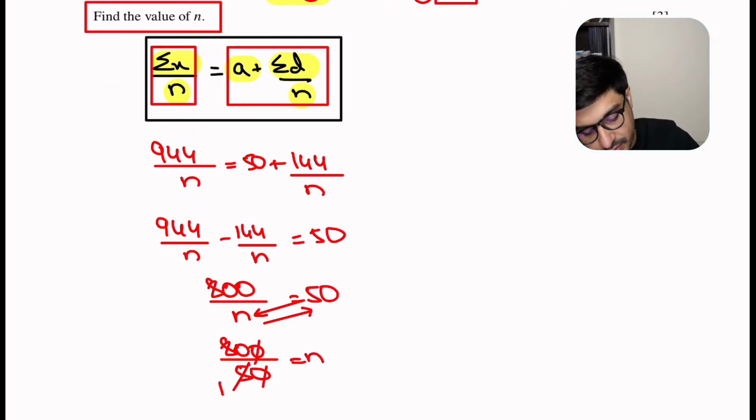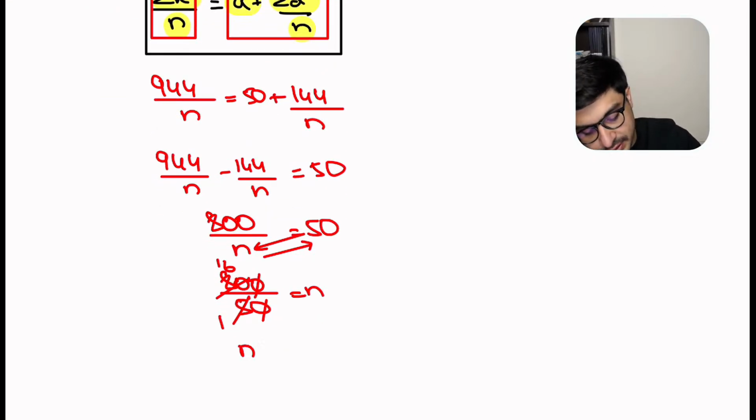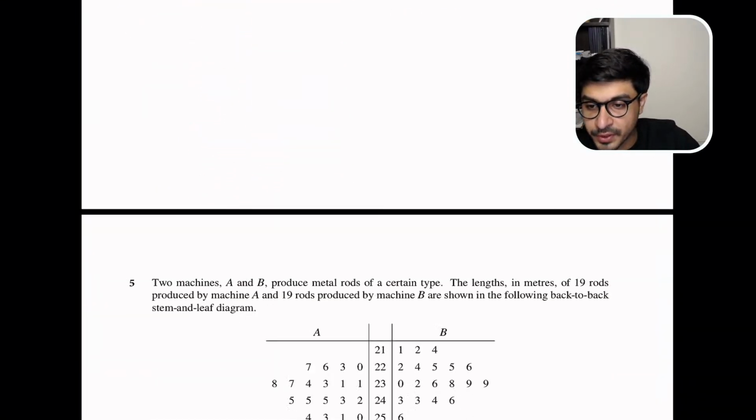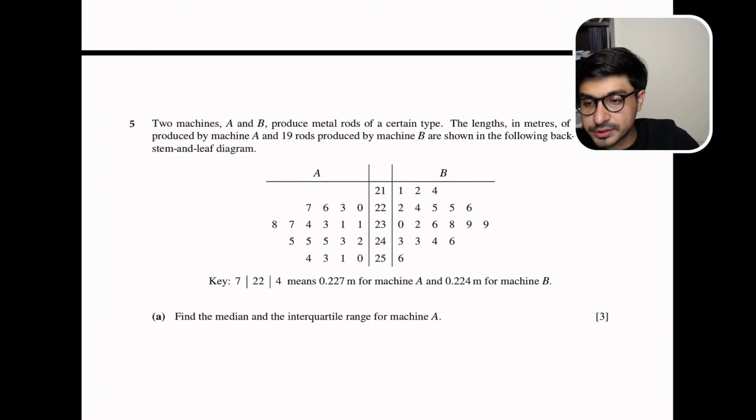The 0s cancel out and it is 16. So n, the number of values, is 16, and that is the final answer in this case. All right, let's hop on to the next one.